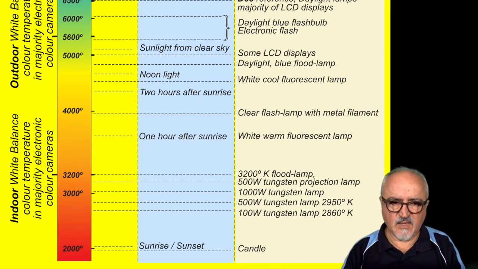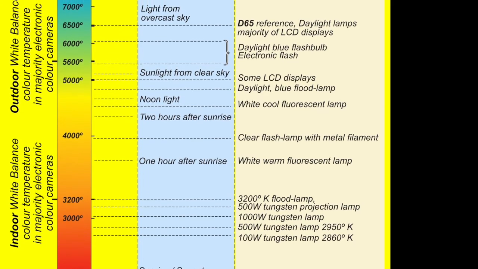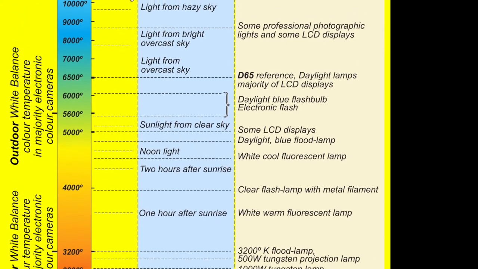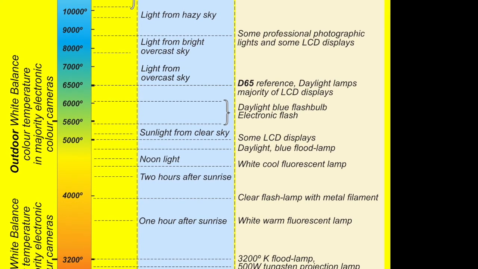Anyway, going further up in the color temperatures, we are getting close to 4000 Kelvin degrees. Before that we have about 3800 perhaps Kelvin degrees for 1 hour after sunrise. Then about 4000 Kelvin degrees is simulated, produced by a clear flash lamp with metal filament.